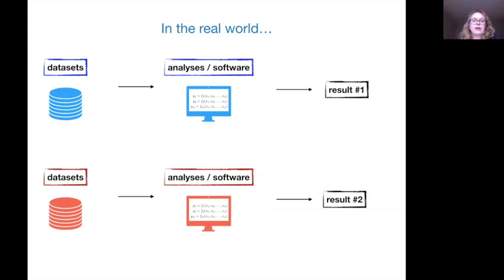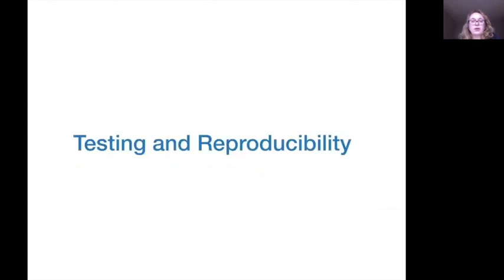So let's imagine a situation where we have two different data sets that are analyzed using different software in different computational environments and giving different results. Now I would try to make a connection between reproducibility and testing.